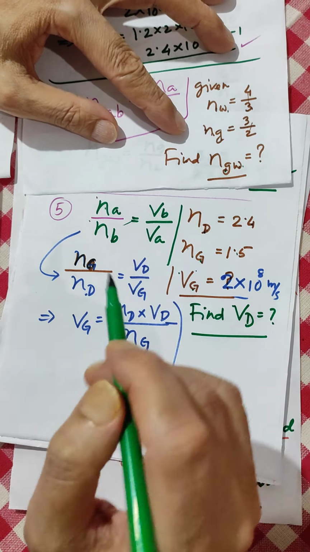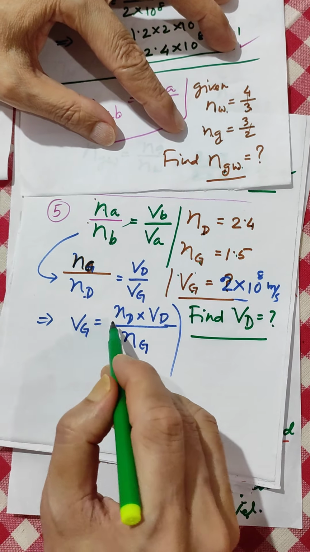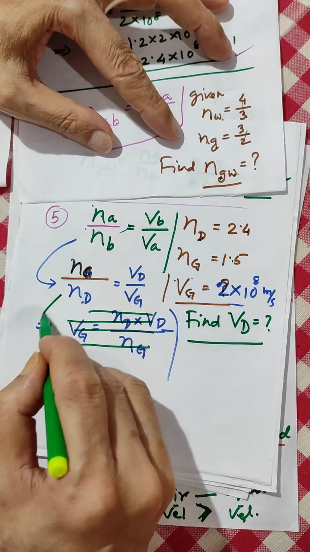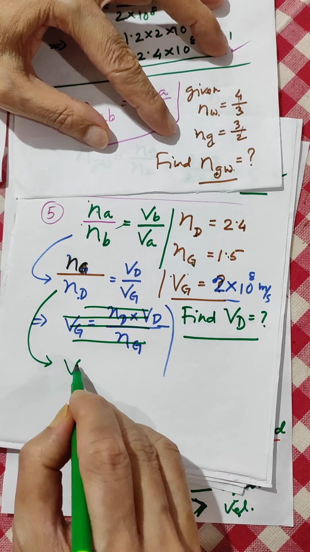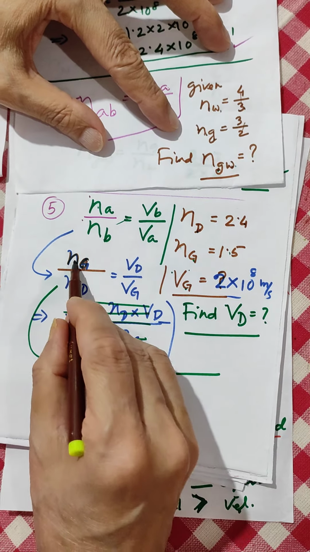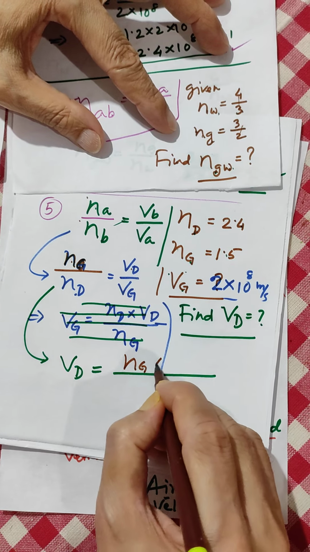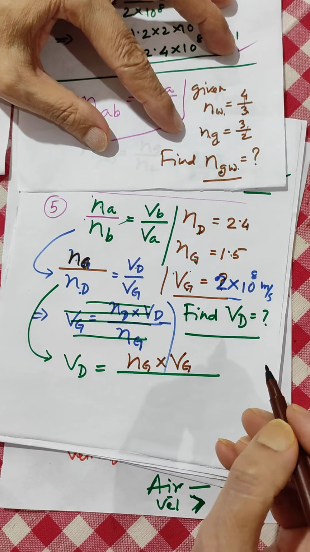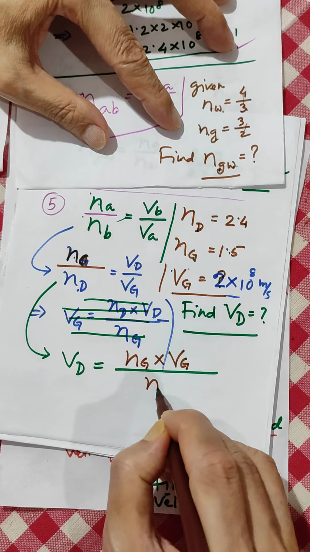Okay, now using this formula we write this one, then from here this one is not correct, so this one will cancel. So from here what we get, velocity of light in diamond will be equal to what? This equal to this into this, refractive index of glass into velocity of light in glass, divided by this one, that is refractive index of diamond.